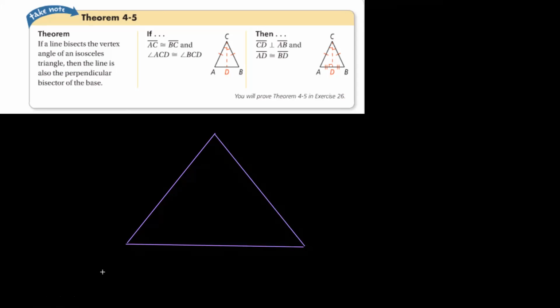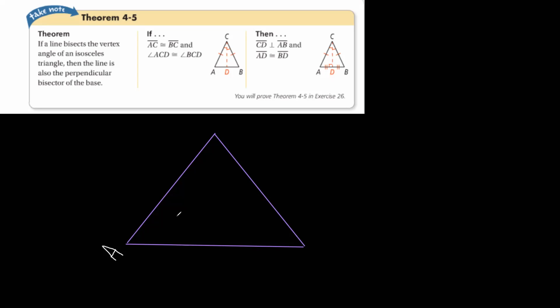In this one, it says that if you have this triangle, here we have A, here we have B, and here we have C.